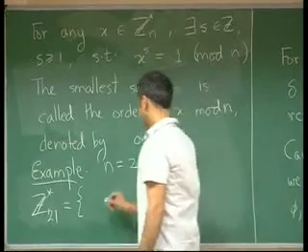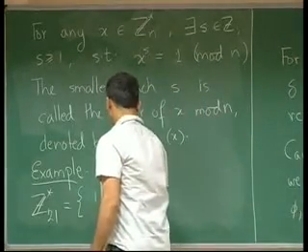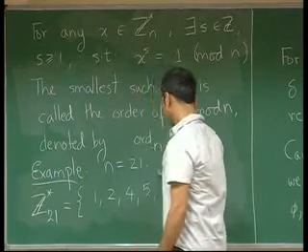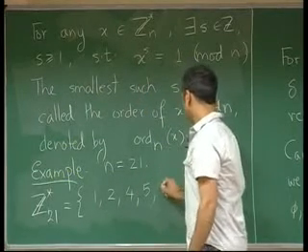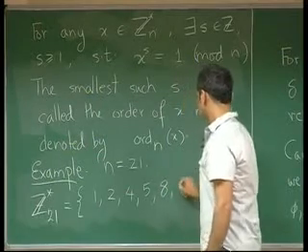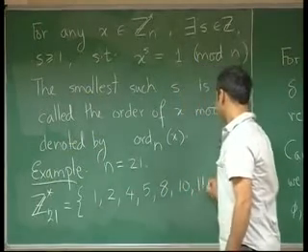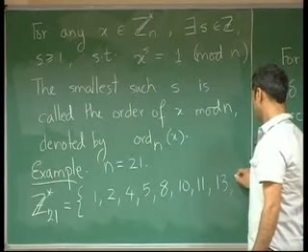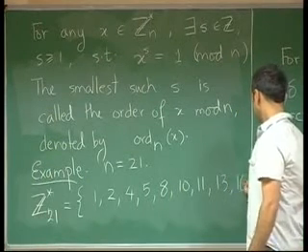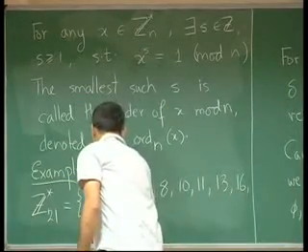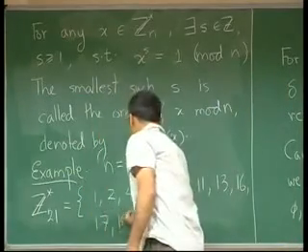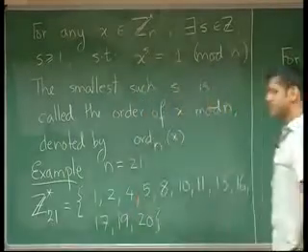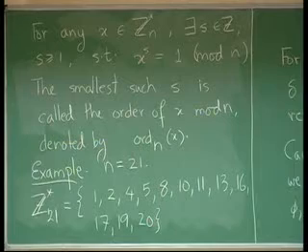So the numbers are 1, 2, not 3, 4, 5, not 6, not 7, 8, not 9, 10, 11, not 12, 13, not 14, not 15, 16, 17, not 18, 19, and 20. Right?